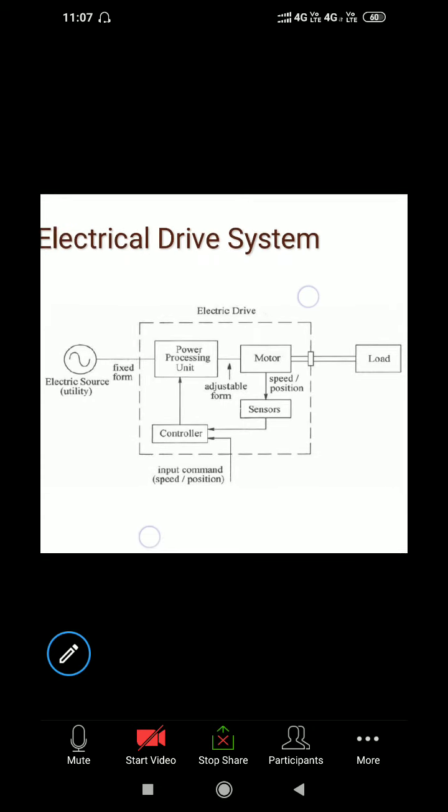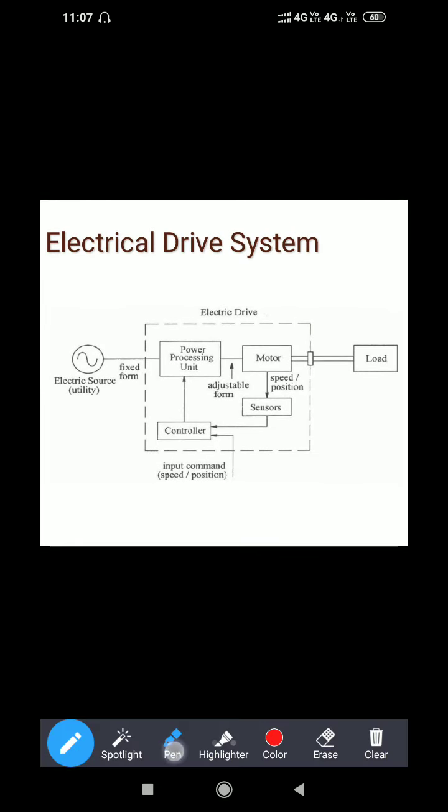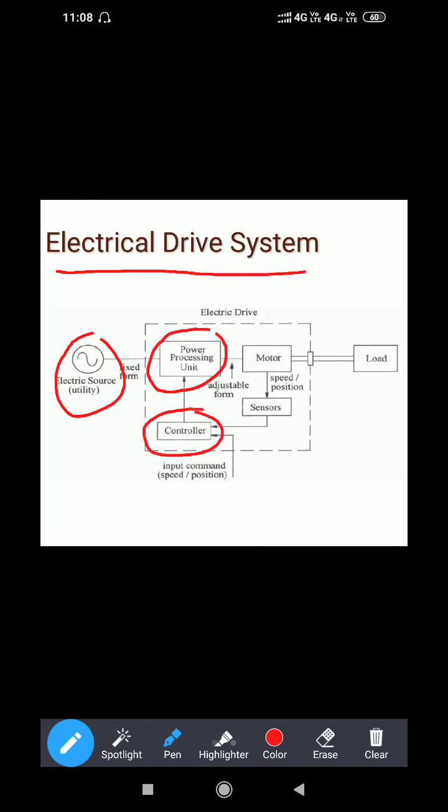You can see the various components used in an electrical drive system are: first, the source of electric energy; second, the power processing unit, also known as a power modulator; then the controller; then a sensing device.